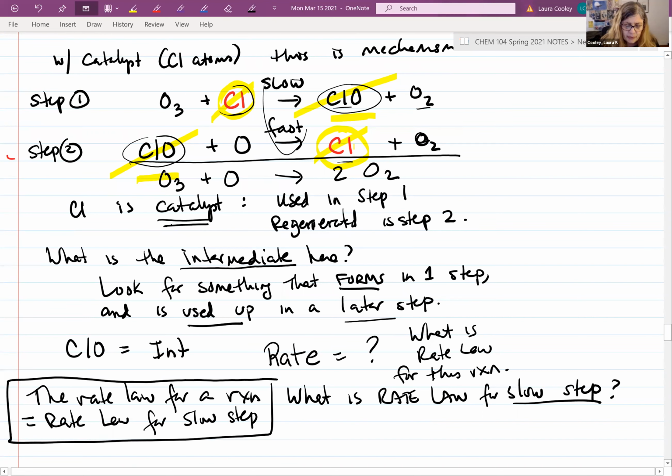So what type of reaction is this? What's going on here in the slow step? The O3 is reacting with the Cl. They're colliding and forming an intermediate and O2. So what is the rate law for that step? What is the rate equal to for step 1?